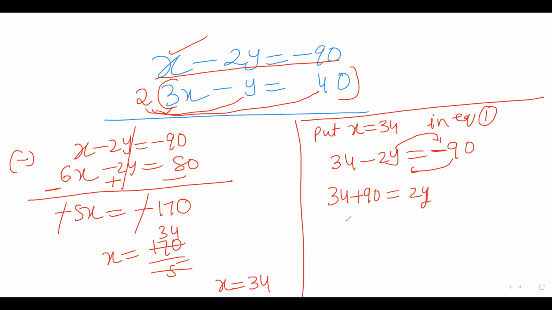Here on adding I will get 124 is equal to 2y. 124 by 2 is equal to y. 62. y is equal to how much? 62. So x is equal to 34. y is equal to 62.